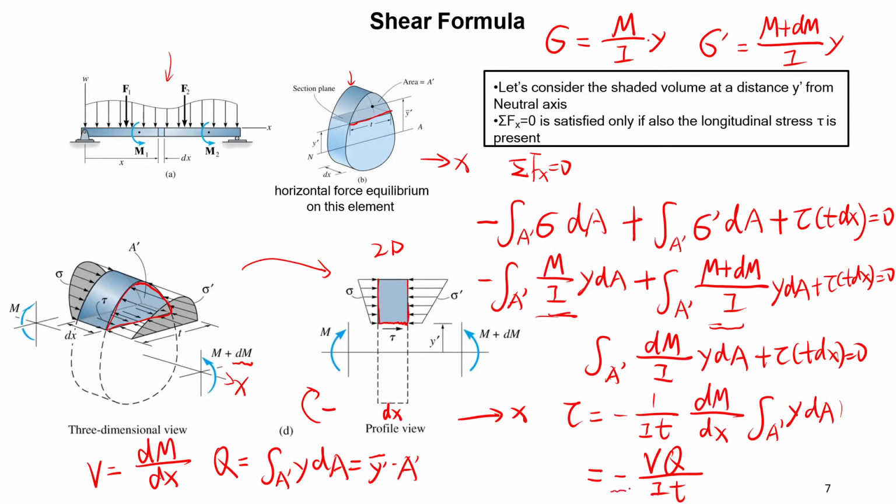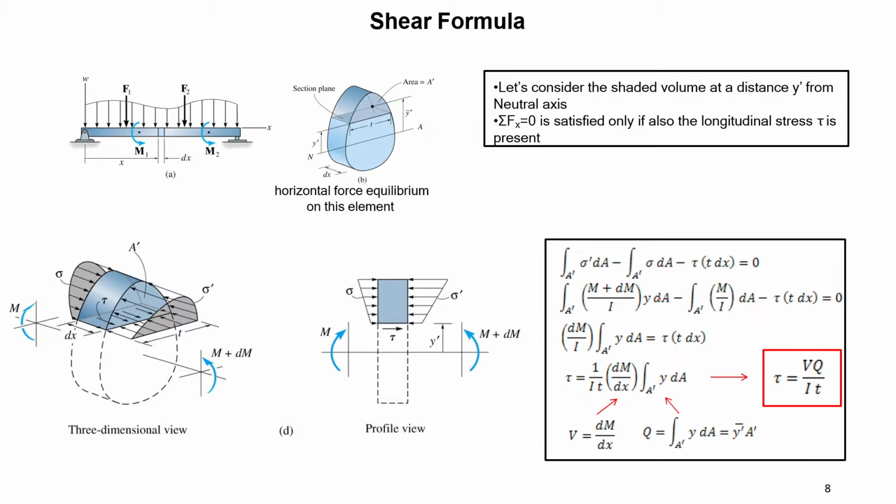The sign here doesn't matter too much. It highly depends on where you define the x-axis, okay? And now, if you see a clear picture, which is this one, it essentially tells you tau here is equal to VQ over It.